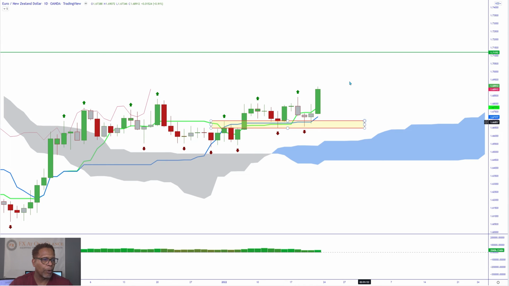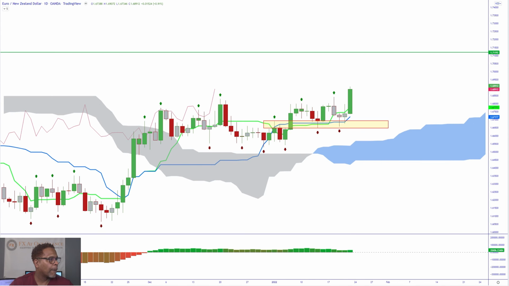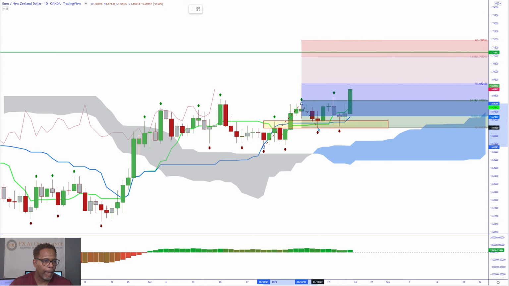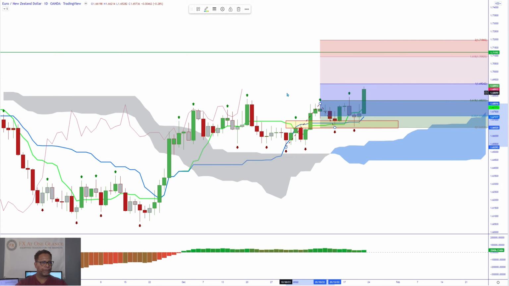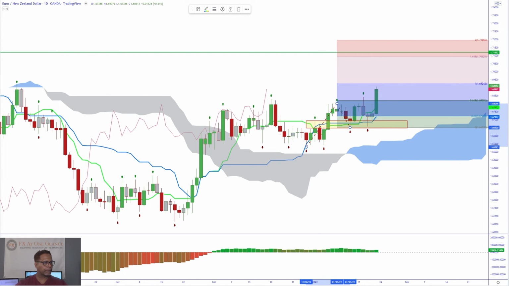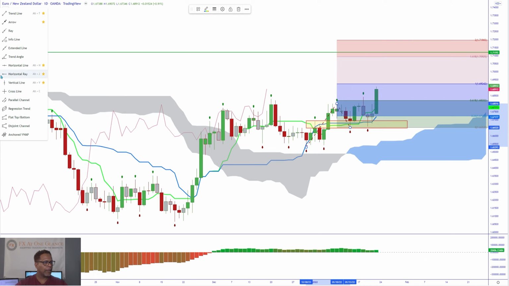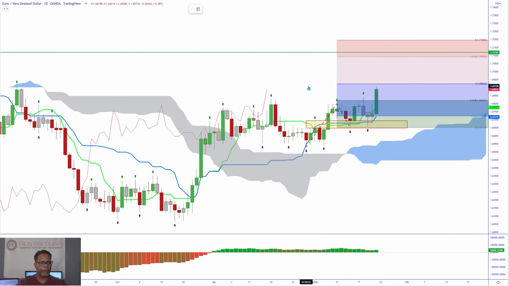And then let's look forward to where we're going. Let's mark this. Almost there. So the market could find a little resistance in this area.